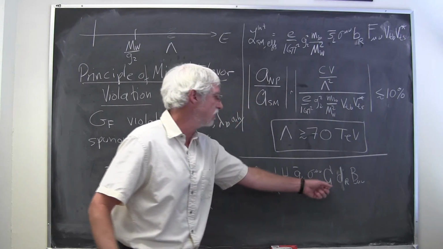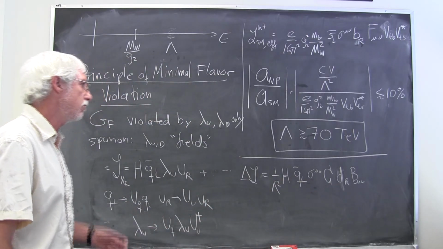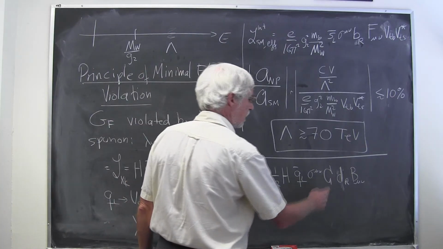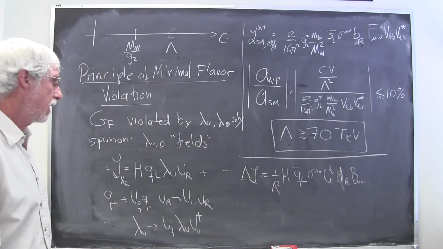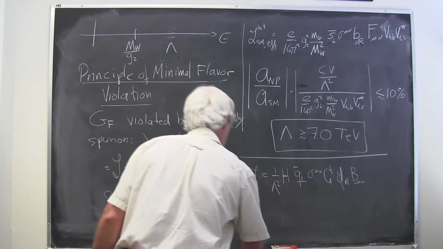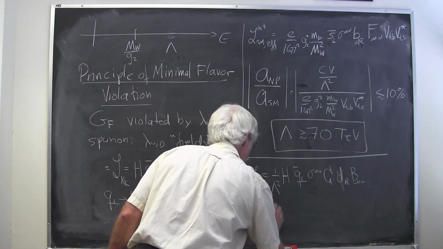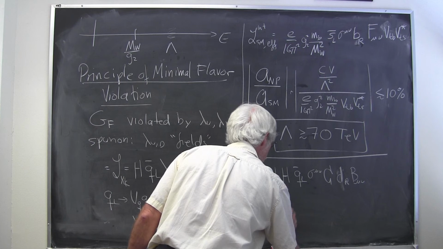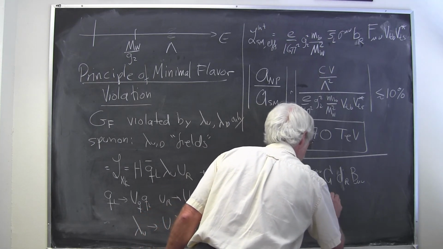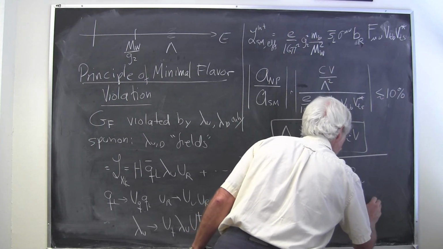And I move the constant C to be sandwiched between the two fields, because now we're going to think about this as a matrix. And the matrix has to be chosen to satisfy this principle. So I'm going to give you two examples of terms that can do this. But you could have other terms.